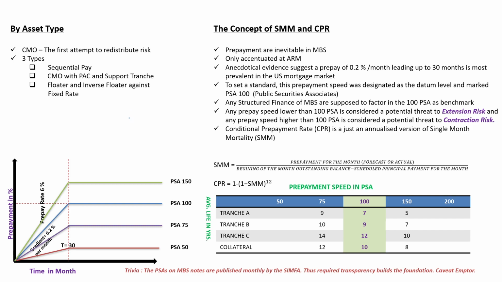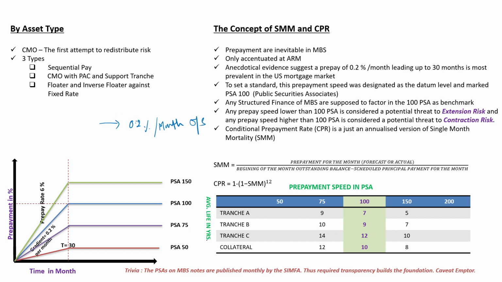Now, anecdotally, it has been observed, mostly confined to the US market, that typically the prepayment happens at the rate of 0.2% per month of the outstanding principal.